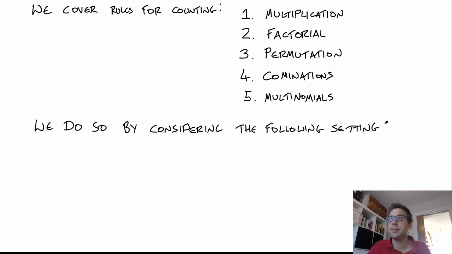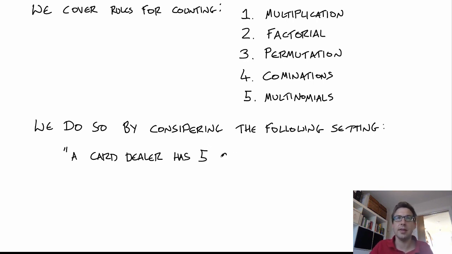We're going to consider a card dealer who has 5 cards. Let's keep it simple, not too many cards. He's got an ace, a king, a queen, a 4, and a 2.